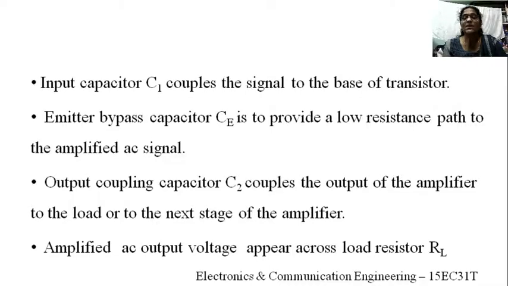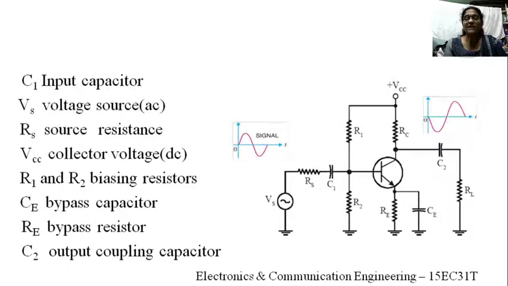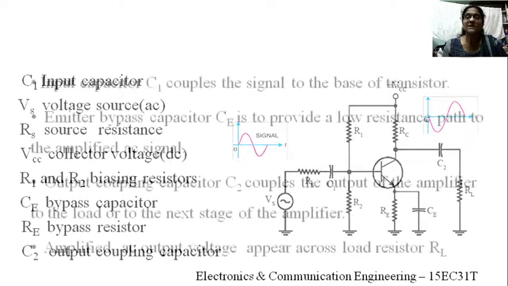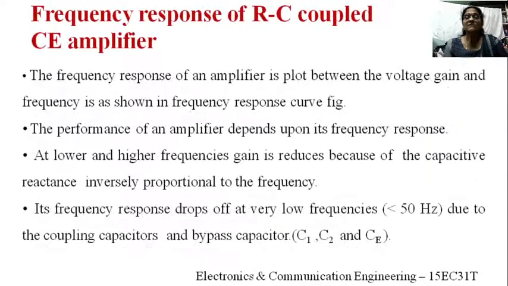So this is the working of the CE amplifier and also the function of each component present in the CE amplifier. For this CE amplifier, you superimpose the AC signal on the DC bias, and we get the amplified AC signal across the load resistor. Next we'll see the frequency response of the RC coupled CE amplifier.